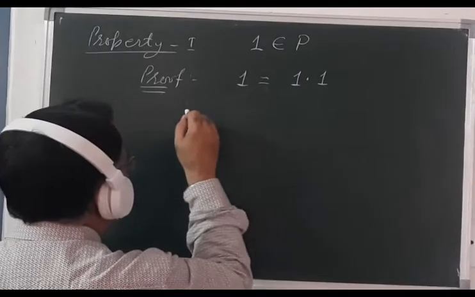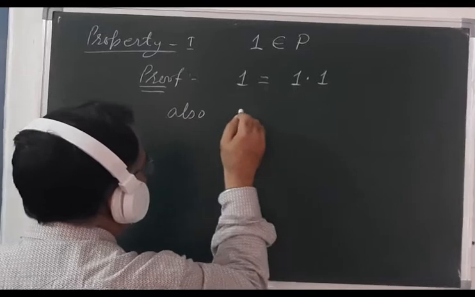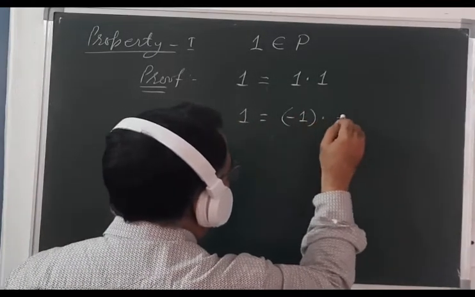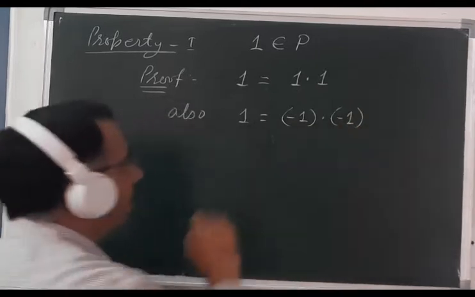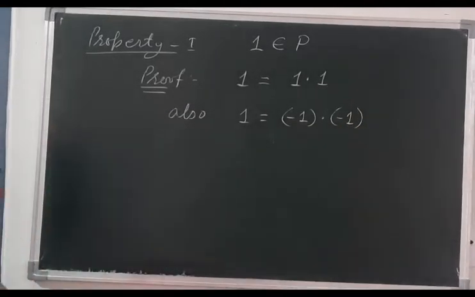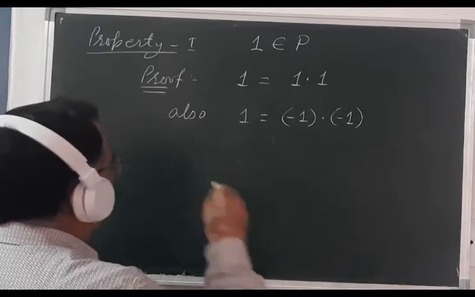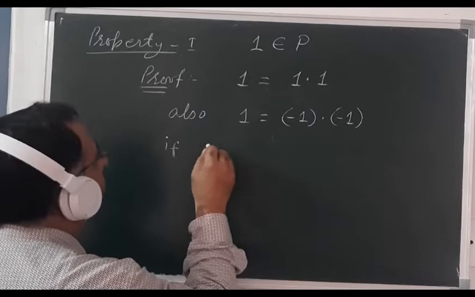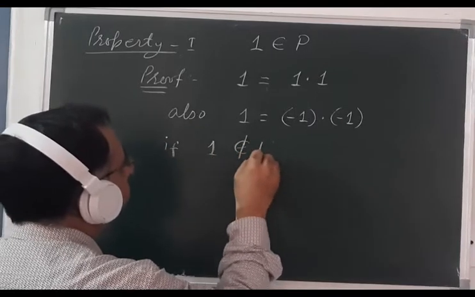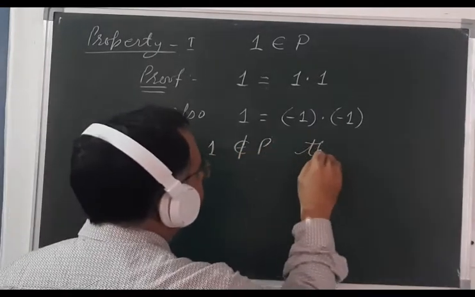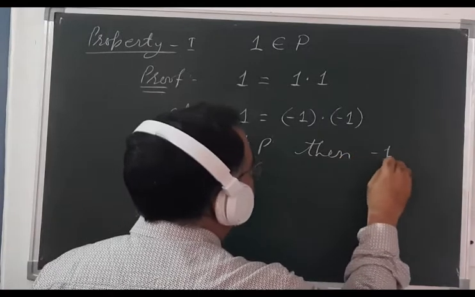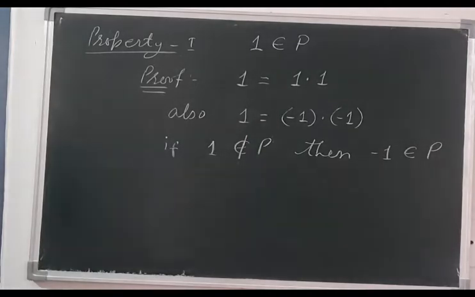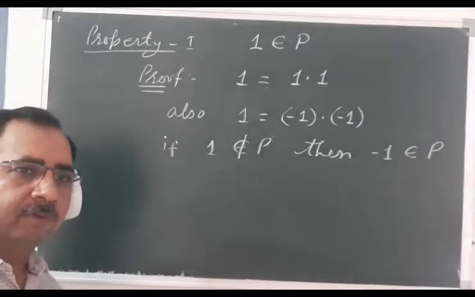We also know that 1 can also be written as minus 1 into minus 1. So if 1 does not belong to P, then minus 1 must belong to P. This was my first axiom.